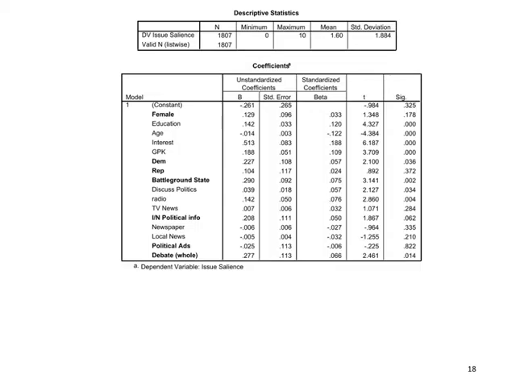The minimum was 0, the maximum was 10, the mean was 1.6 issues that people had. Females had 0.129 more issues that were salient, but that doesn't vary significantly from 0, and so essentially we'd say that there's not a statistical difference between males and females, controlling for all of the other features in the analysis.